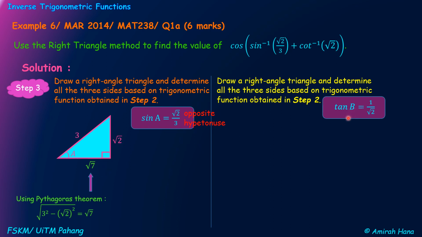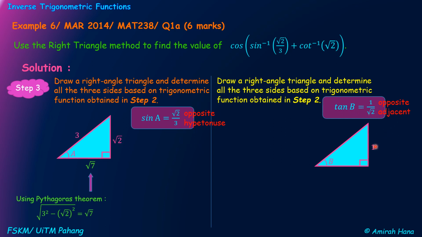After that, from tangent B equals 1 over sec 2, we can draw another right angle triangle with angle B. To find all the three sides here, first we look at 1 here. 1 here means opposite because this is tangent. And then sec 2 means adjacent.